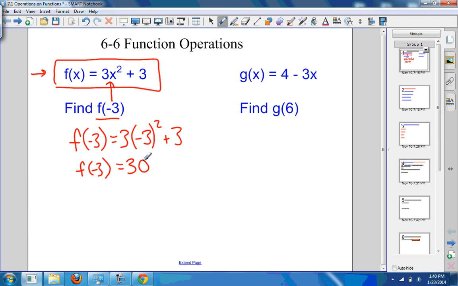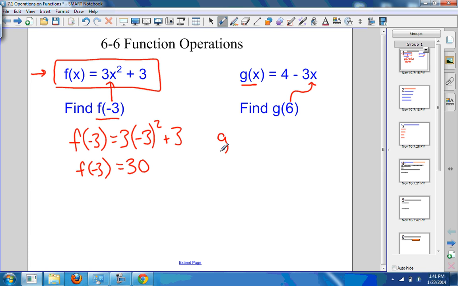You'll also see any letter, it doesn't have to be f. We could have g of x, or g of y, g of z. Anything for a function works, not just f of x. So if we want to find g of 6, it's the same process. We just want to plug it in for that x.